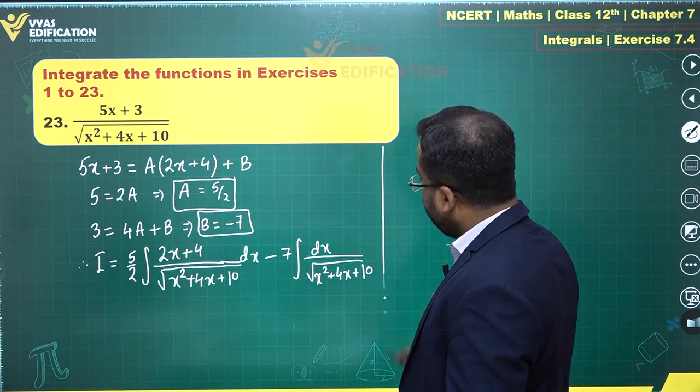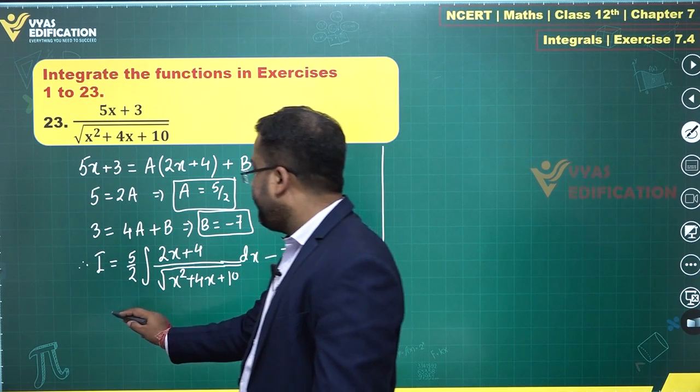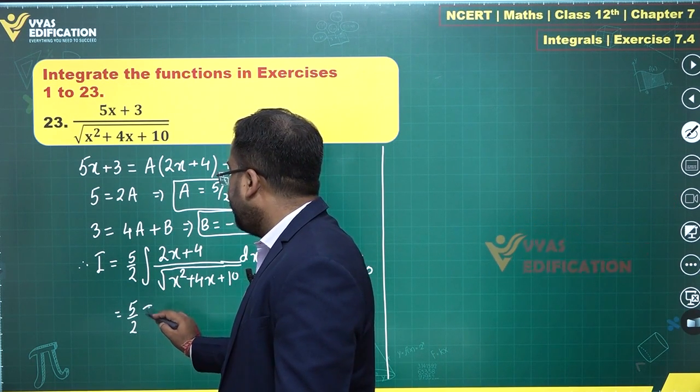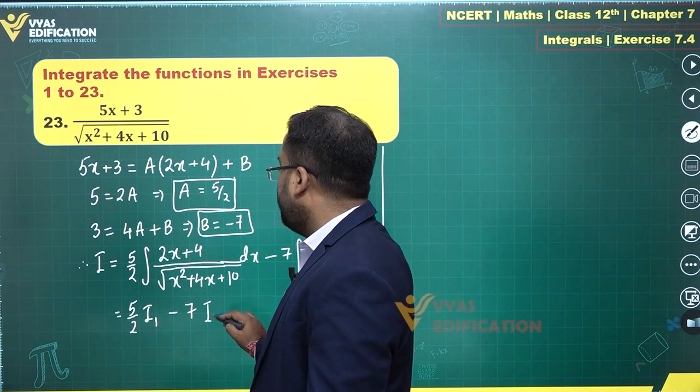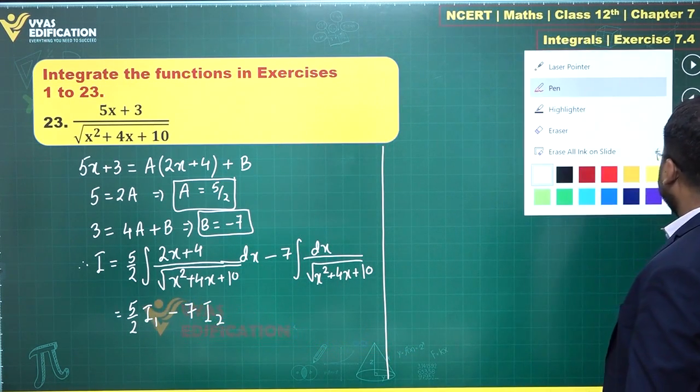That's the expression that we have. We can write it as 5 by 2 I1 minus 7 I2. And now our target is to find I1 and I2 first. So let's focus on I1.